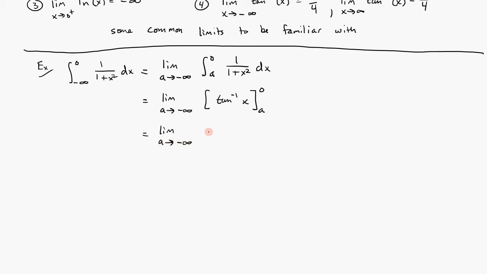At 0 you get inverse tangent of 0, and then if you plug in a, you get the inverse tangent of a. Inverse tangent of 0 is 0. So it's 0 minus this limit.